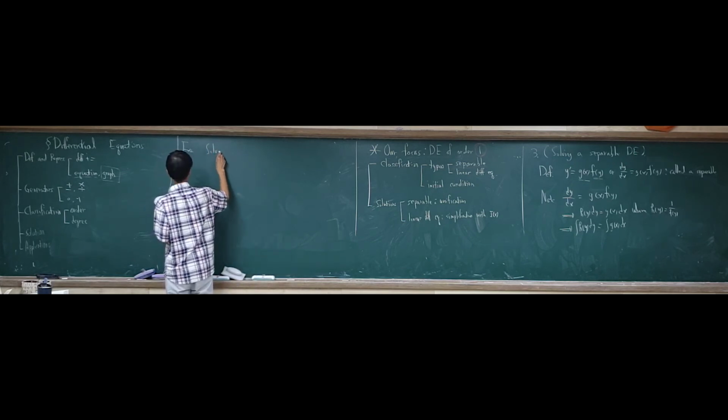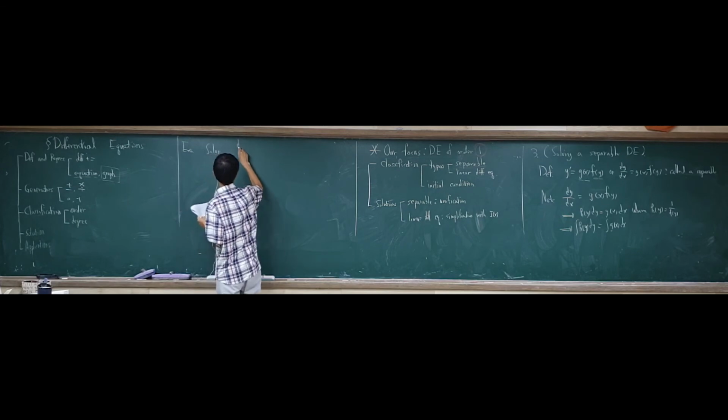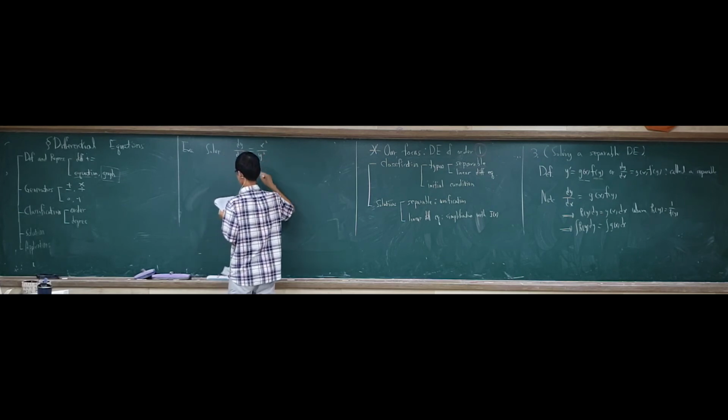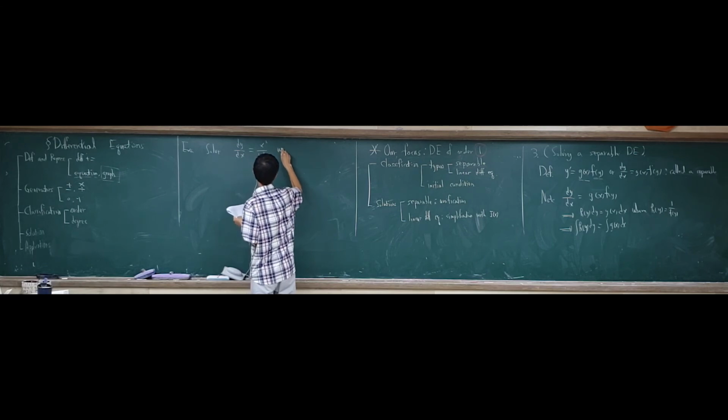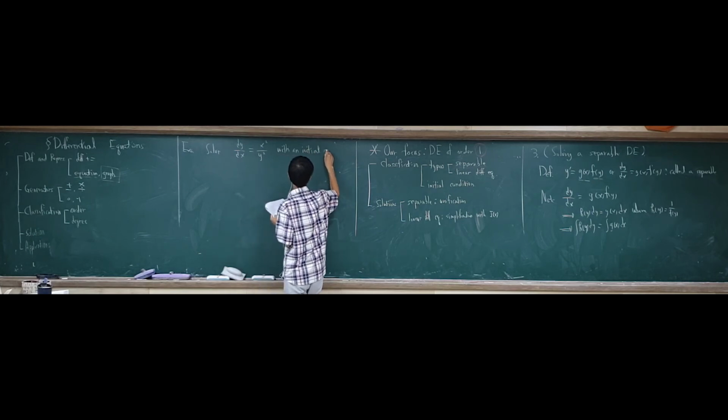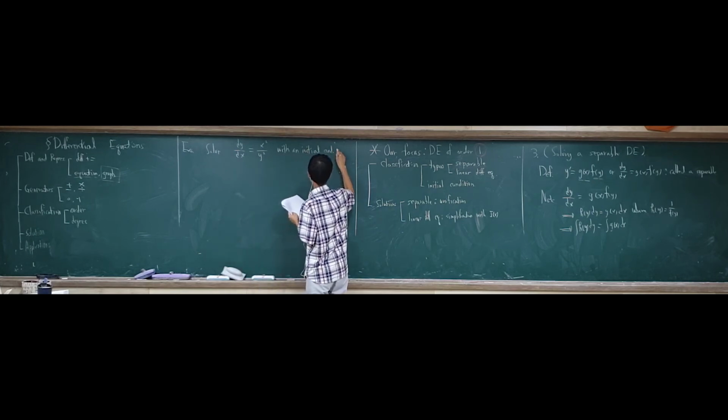We want to solve dy over dx equal to x squared over y squared, with an initial condition y(0) equal to 2.